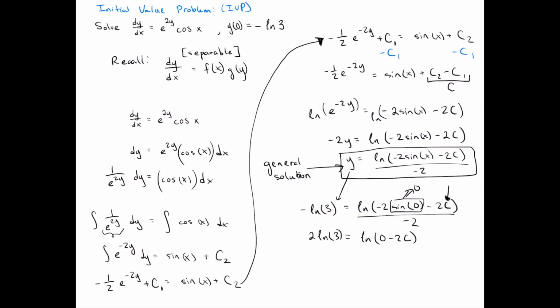And then we can put exponent on both sides, so we end up with 3 squared, because the ln and the e cancel out, so they become negative 2c. So now we can see that 9 over negative 2 is equal to our constant c.